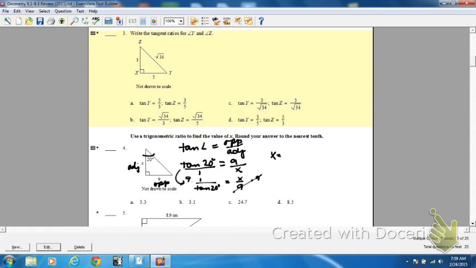And that gives me x equals 9 over the tangent of 20 degrees. So you'll take 9 divided by the tangent of 20, and we get x is equal to 24.7, which is C.